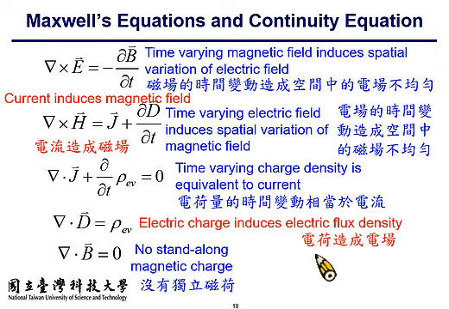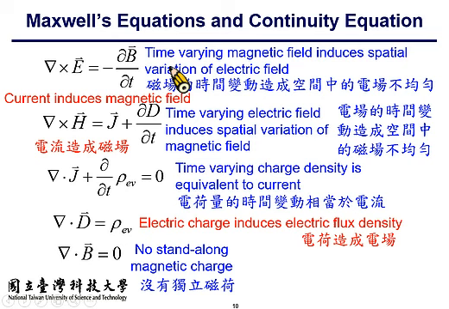Okay. So here let's review and summarize the Maxwell equations. The first one is Faraday's law. It says that the curl of E equals the negative of the time derivative of magnetic flux density.